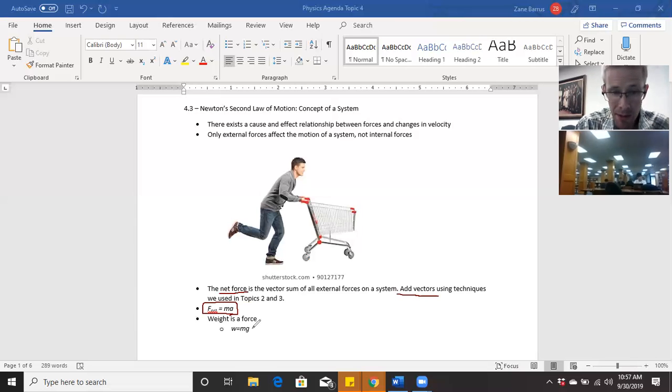Okay, so as an example of this, weight is a force. So the earth is pulling down on you right now with a force. So if we were to call that force W instead of F net, we could say that weight is equal to your mass times the acceleration due to gravity.